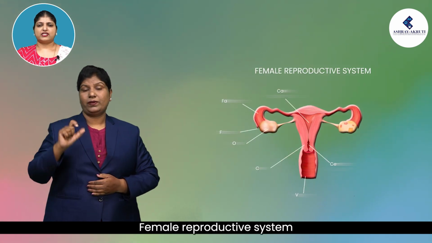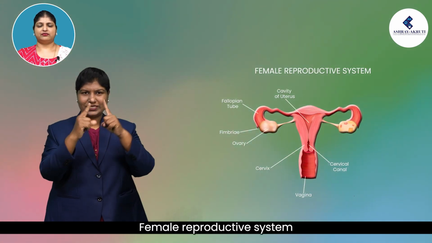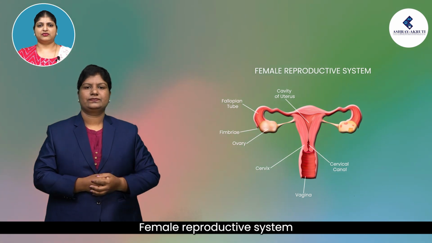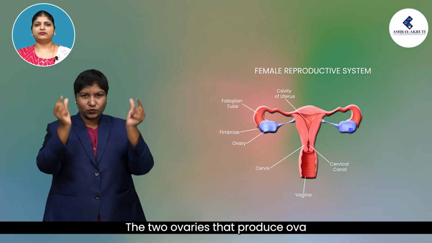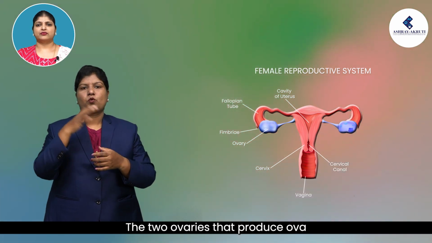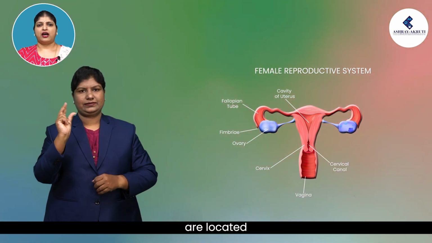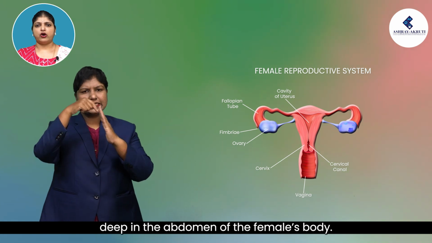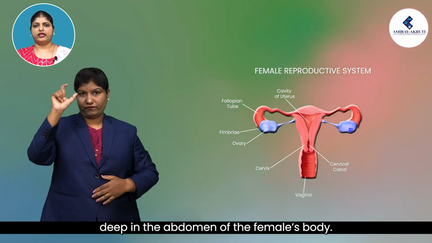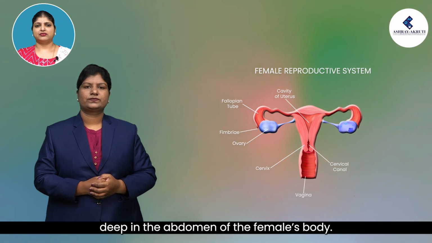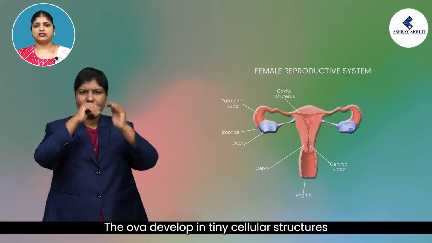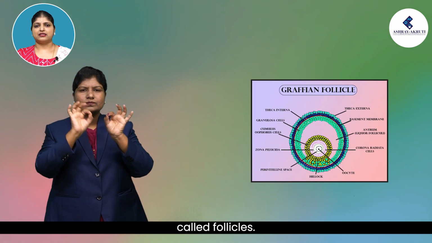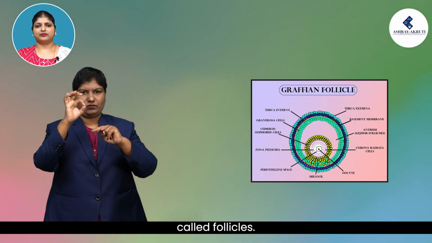Female reproductive system. The two ovaries that produce ova are located deep in the abdomen of the female's body. The ova develop in tiny cellular structures called follicles.